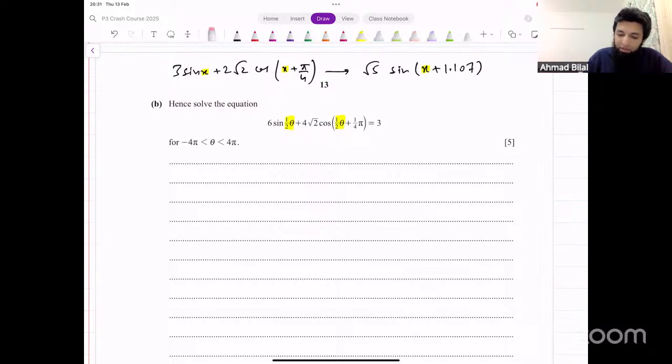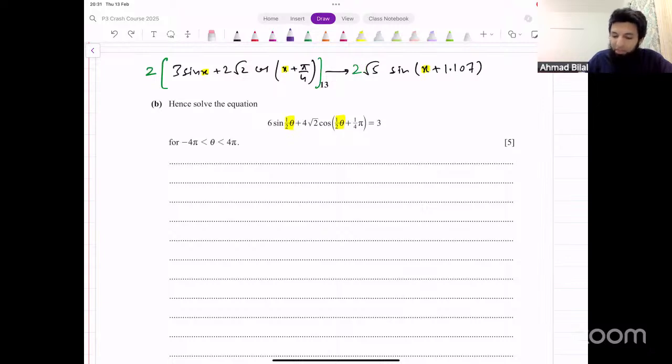So that means if you were to multiply this expression by 2 on the left side, you would also have to multiply by 2 on the right side. So the expression on the right would actually be 2 under root 5 times sine of x plus pi over 4 now. So you have to multiply by 2 here. And in that form as well, you would have this 2 multiplied.